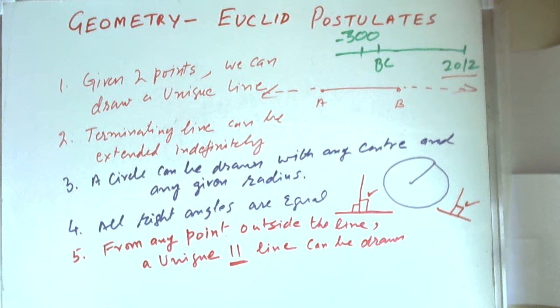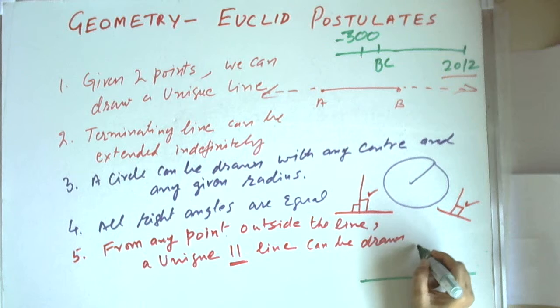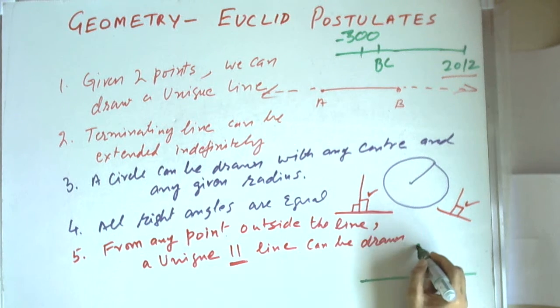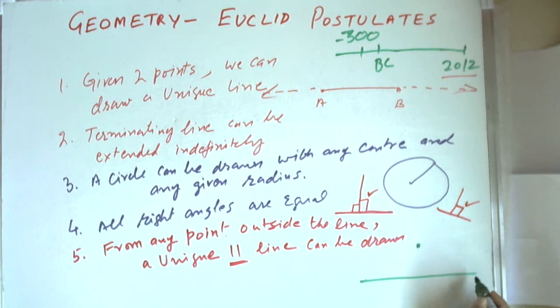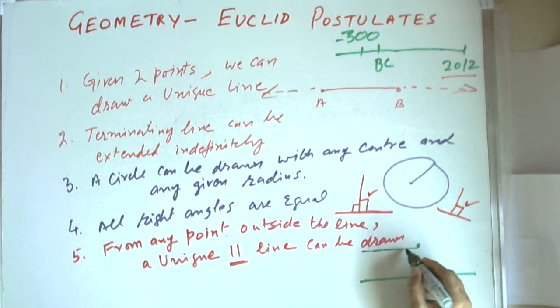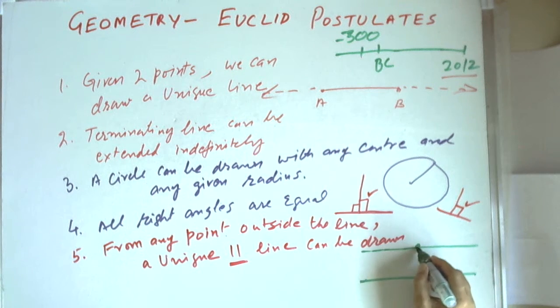So what does this mean? This means that suppose we have a line. We have this line. Now we have a point which is outside this line. So from this point, we can always draw a line that will be parallel to this, like this.